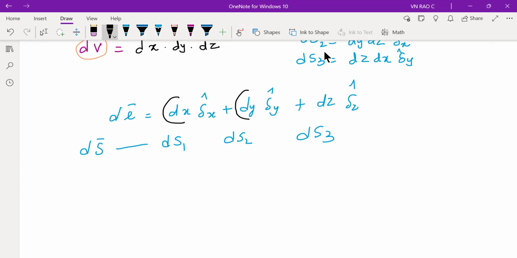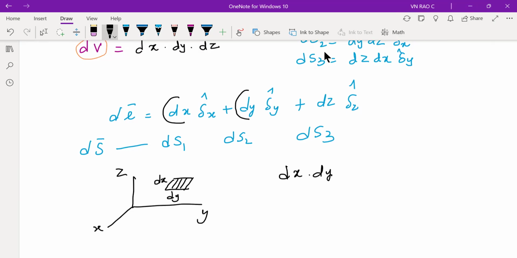So let me take one volume here. If I do like this and then like this, so this is x, this is y, and this is z. This is x direction, this is y direction. So this is my area, with this being dx and this being dy. It can be a square or a rectangle. What is the area? Very simple: dx into dy.